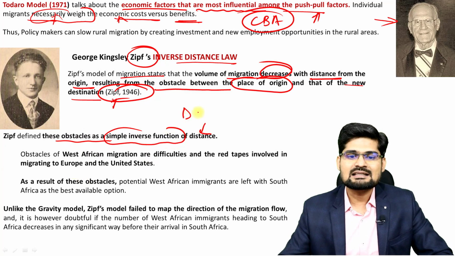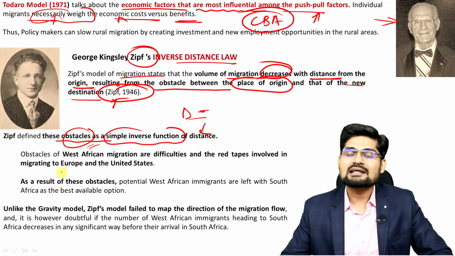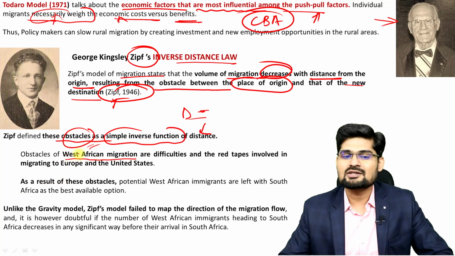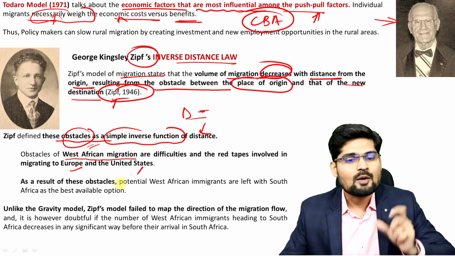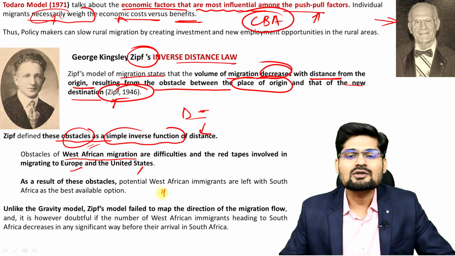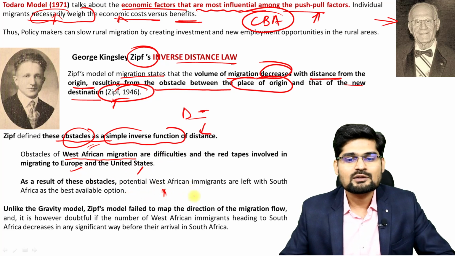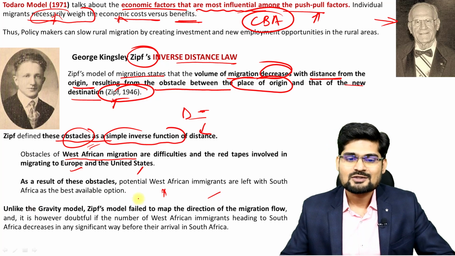Right? So distance and these particular obstacles are inversely related, and he gave the example of West African migration, which had difficulties. If West African people wanted to go to Europe or United States, they had these obstacles, which were mostly political obstacles. Right? So they did not go there. So where did they go? They went to South Africa instead, rather than going to Europe or going to the Americas. So this was given.